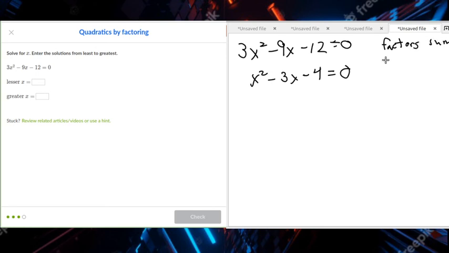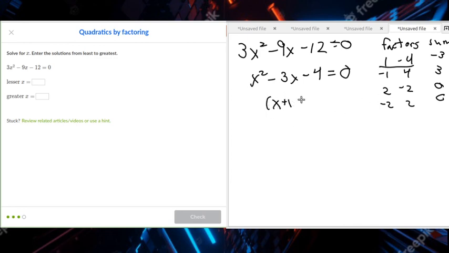And let's see, factors of negative 4 are 1 times negative 4, negative 1 times 4, 2 times negative 2, or negative 2 times 2. Here we've got 1 minus 4 is negative 3. We want negative 3 here, so these are our factors.